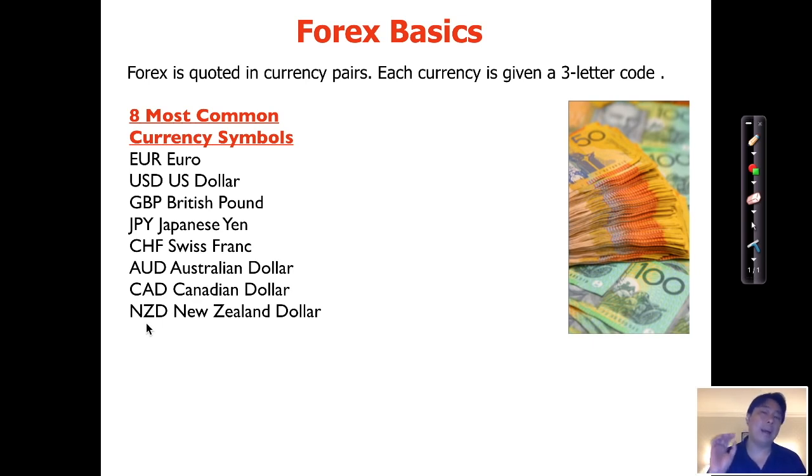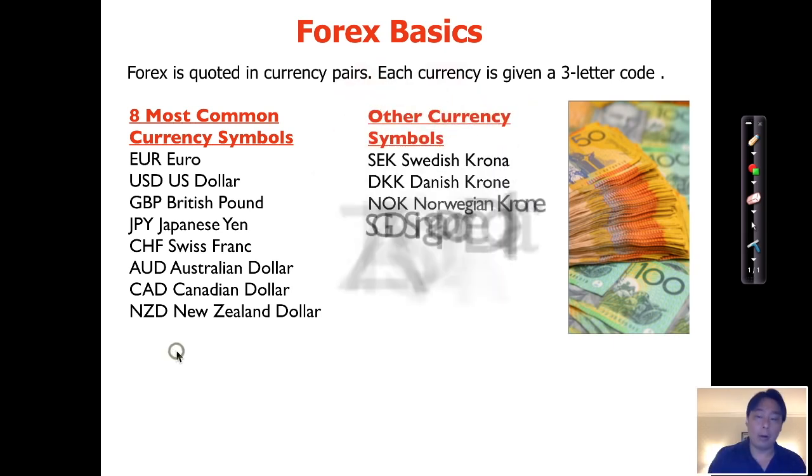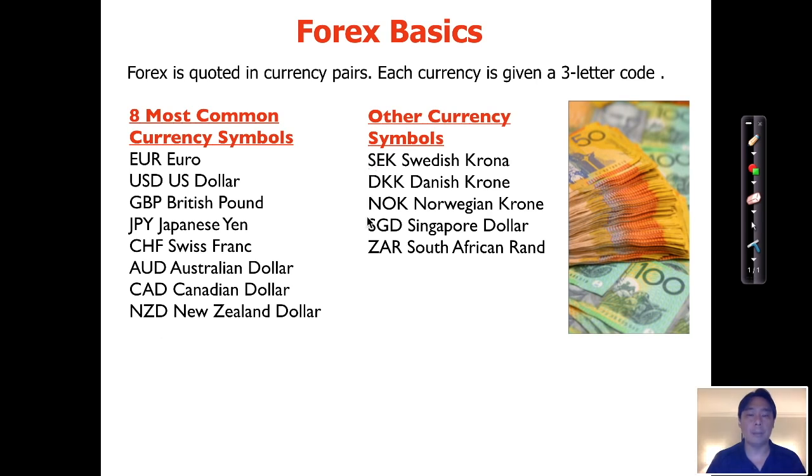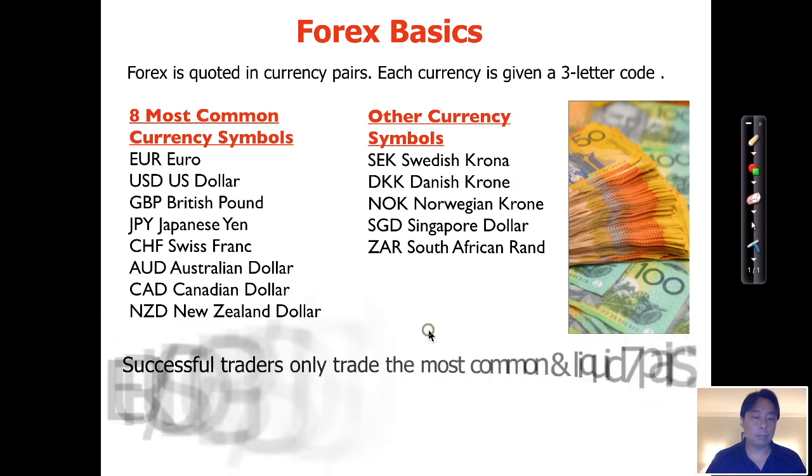These are the 8 most common currency symbols that we will be trading. We won't be trading Zimbabwe dollars or Singapore dollars. That's too exotic. Other currency symbols we won't be trading, at least I don't trade them.